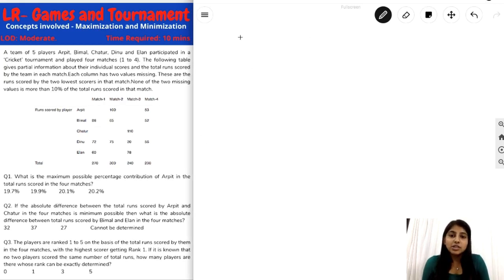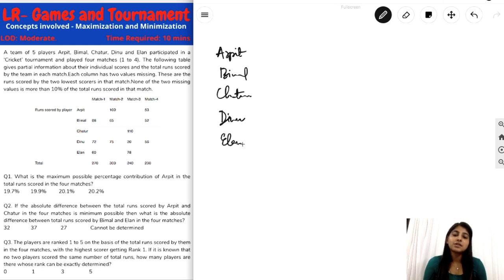Okay, so I'll take down the table first. You can just quickly do it. Arpit, Bimal, Chatur, Dinu and Elan. Okay, this is match 1, 2, 3, 4. Alright, so the values that are given already, would take them down: 88, 72, 60 and 270 is the total.